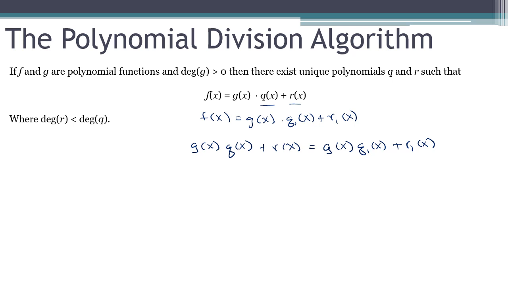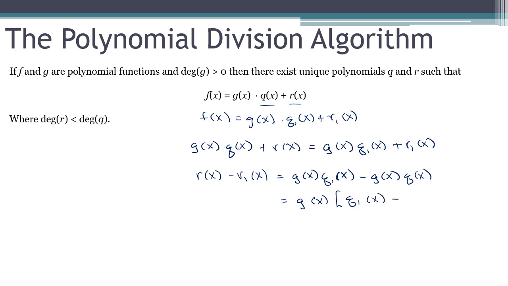So r of x minus r1 of x equals g of x times q1 of x minus g of x times q of x. All right. Okay, now let's factor the right-hand side. Let's factor out a g. So g of x times q1 minus q is equal to r of x minus r1 of x.